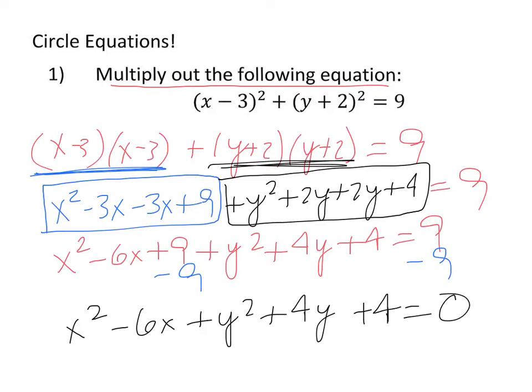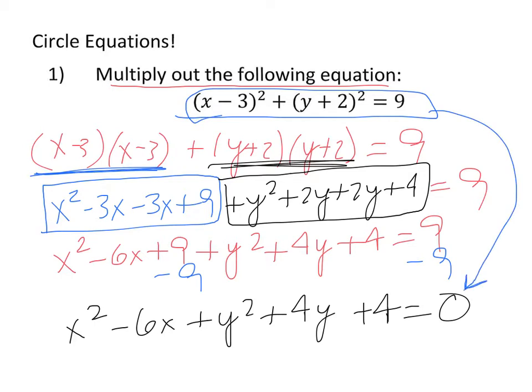This is the same equation as the one that was originally given to me. So this equation here is equivalent to this equation here. Clearly one of them looks easier, or well, compact, and the other one is a little more involved.